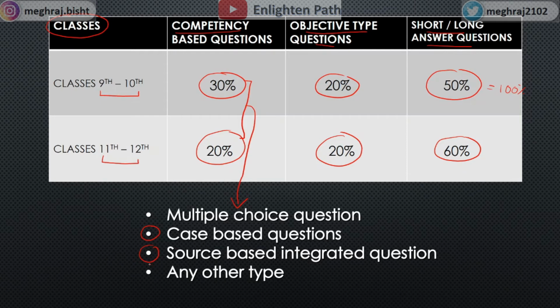And the fourth is another type which is not specified by the CBSE in this circular. I will definitely make a separate video on this, specifically defining what are the case based question, source based question, and other types of question that can be asked in the CBSE exam. So there will be another detailed video for this.